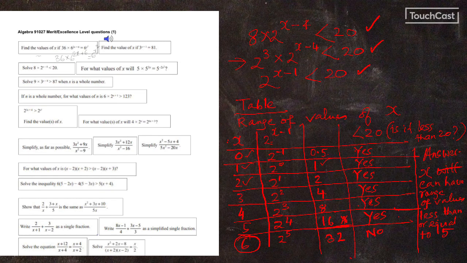So this is not valid. We can't accept these ones. And final answer is x can have a range of values less than or equal to 5.